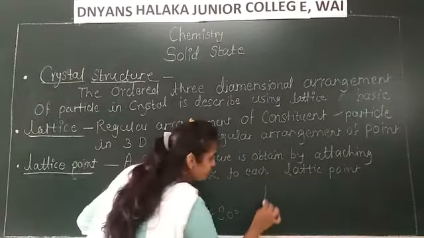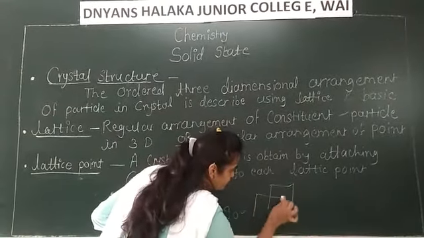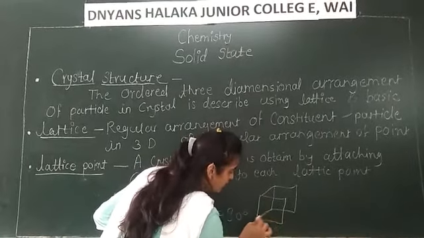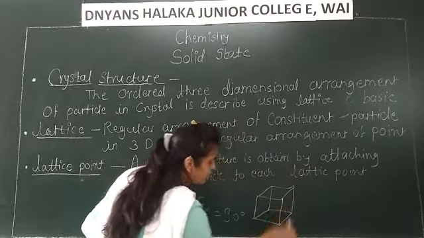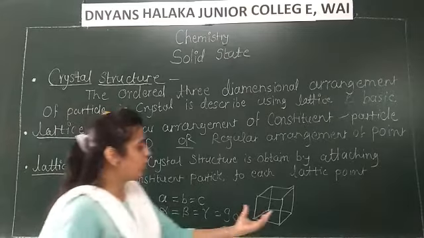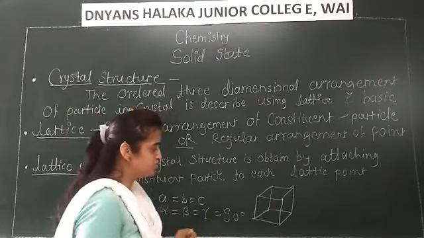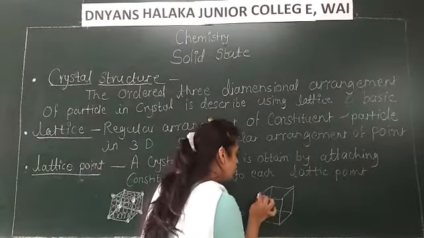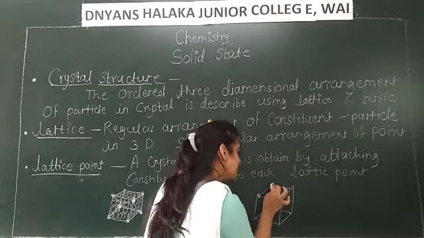So like first, we draw a box or cube, like three-dimensional. So in this dimension, the corner point is denoted as a dark circle.